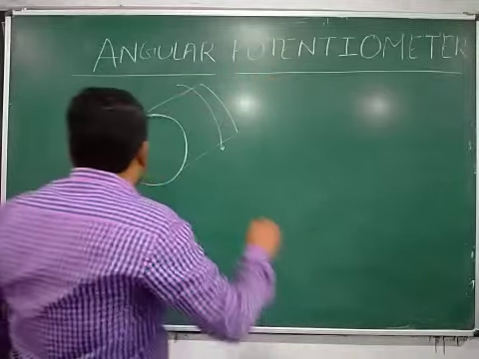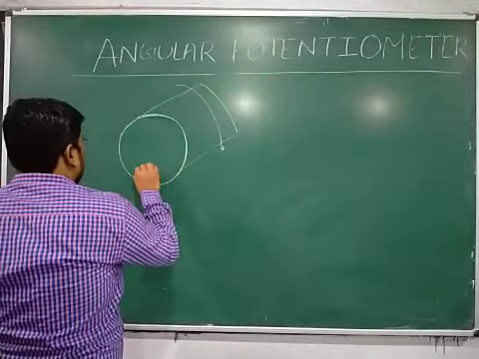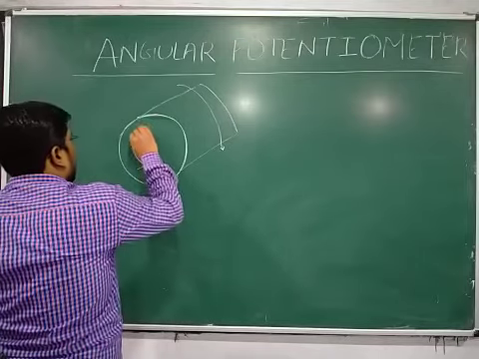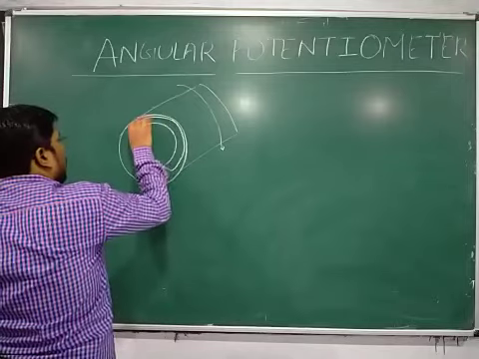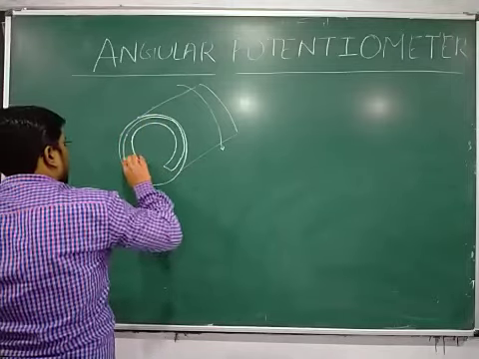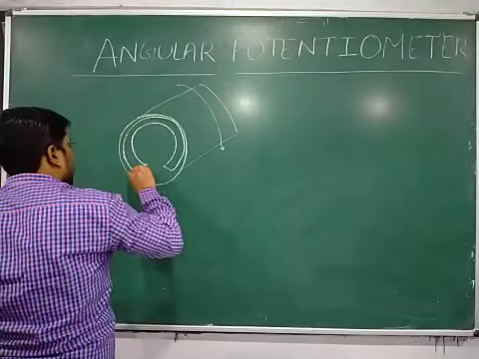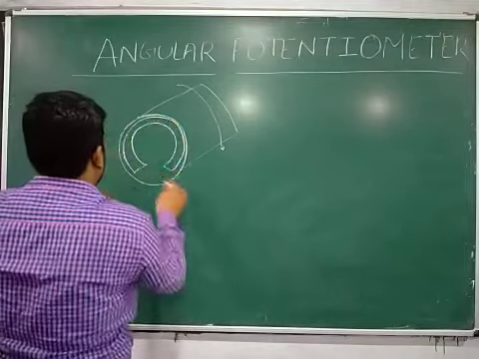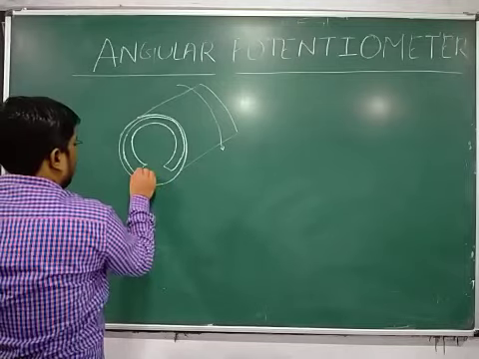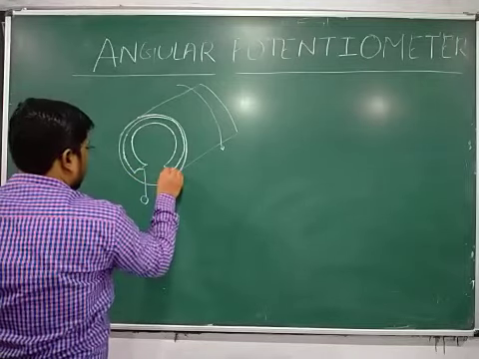So now what is its working? This is the resistive wire, and suppose this is the housing. It has three terminals.